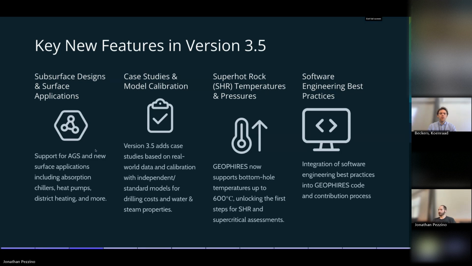That work also enabled us to support super hot rock temperatures and pressures. We will be discussing that in a bit more depth, but the key point there is that you are now able to use GeoPhires to model up to 600 degrees Celsius.